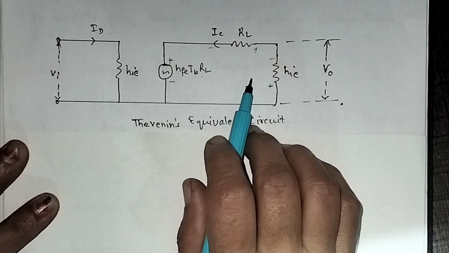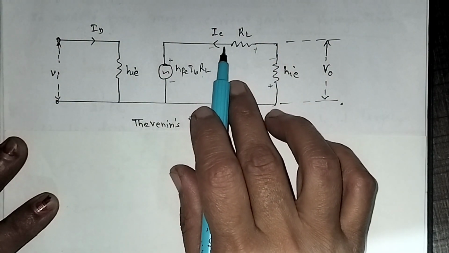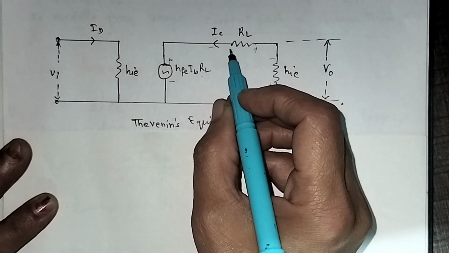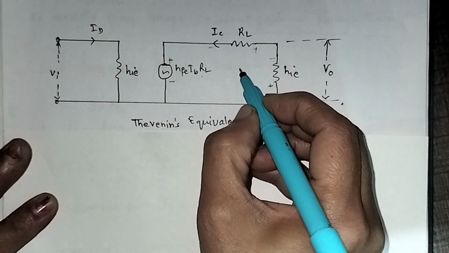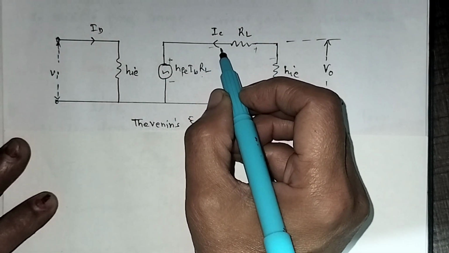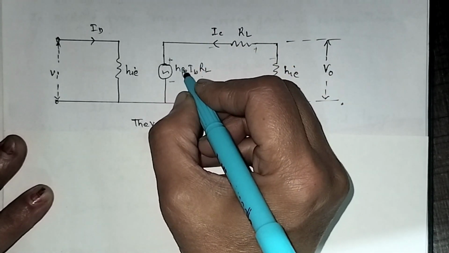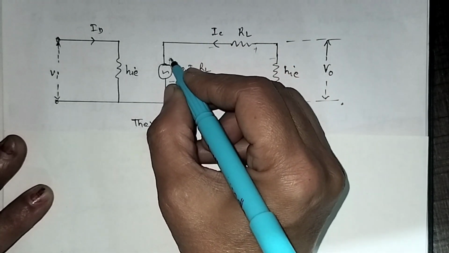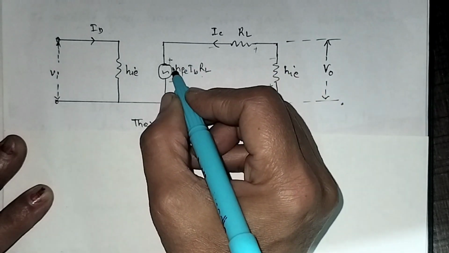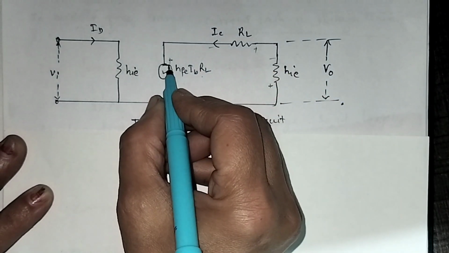Now we will apply KVL to find out the value of this current IC. The direction of the current is this one. When we apply the KVL, we are assuming the sign is positive when the current is entering into the component. So I have taken the sign positive in this case.